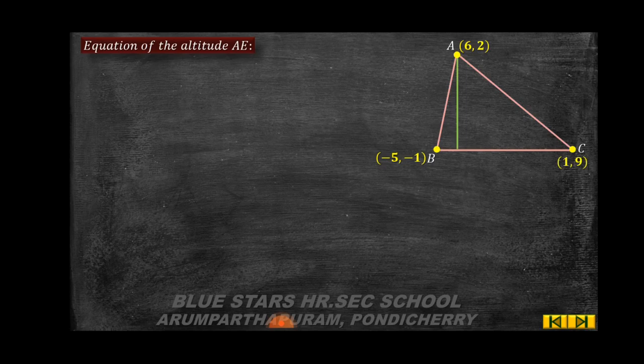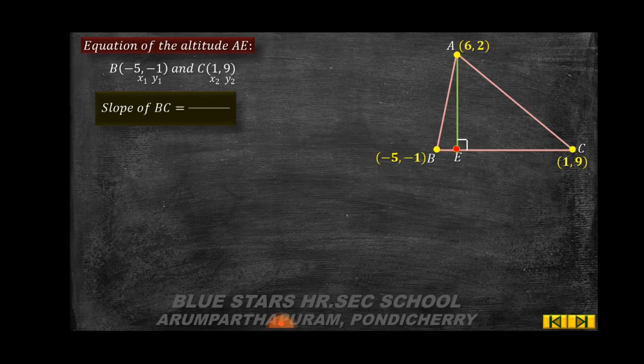Now draw one line from the vertex A. Mark the point as E. So AE is the altitude of the triangle. So B is (-5, -1) and C is (1, 9). We are going to find the slope.